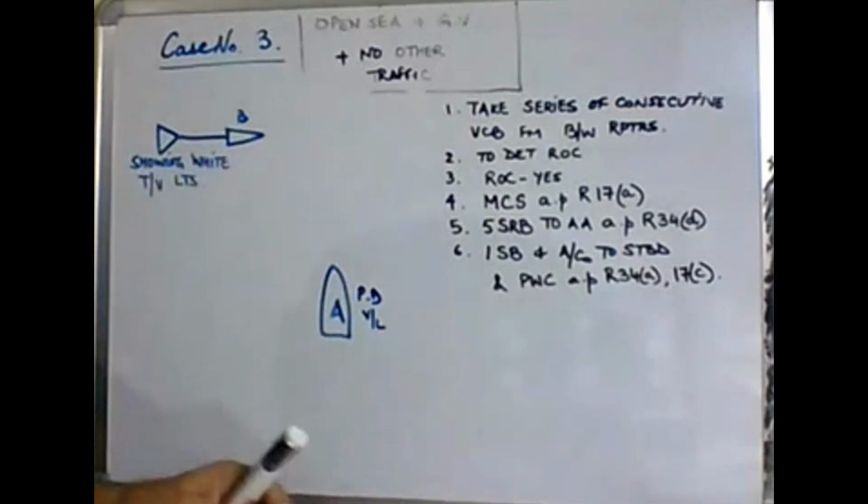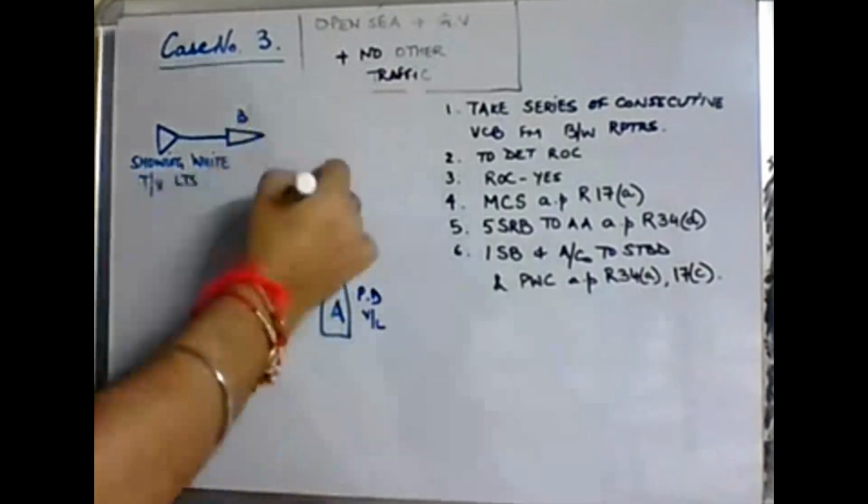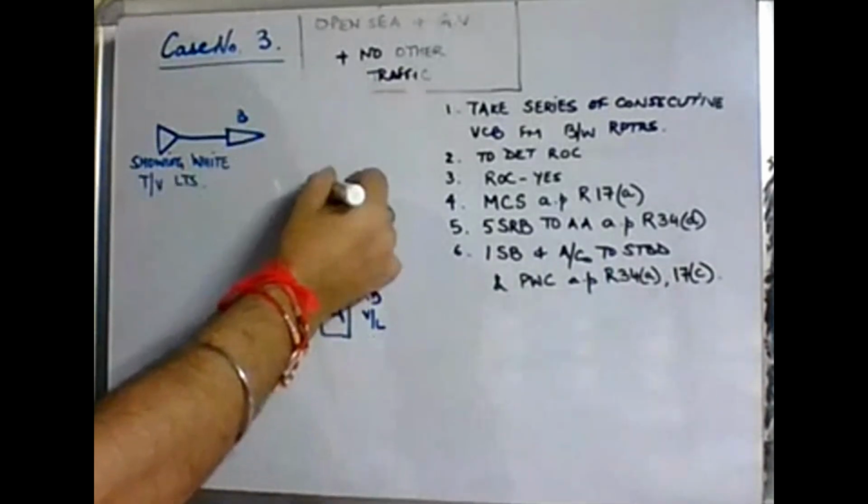She is showing the white towing vessel lights. This is your case number 3. Distance of 5 miles.